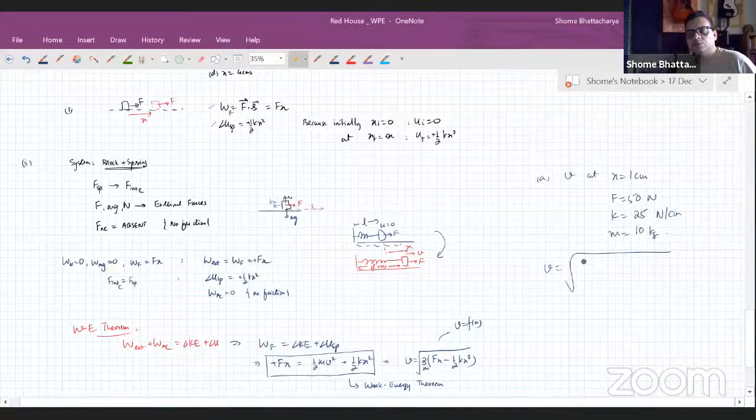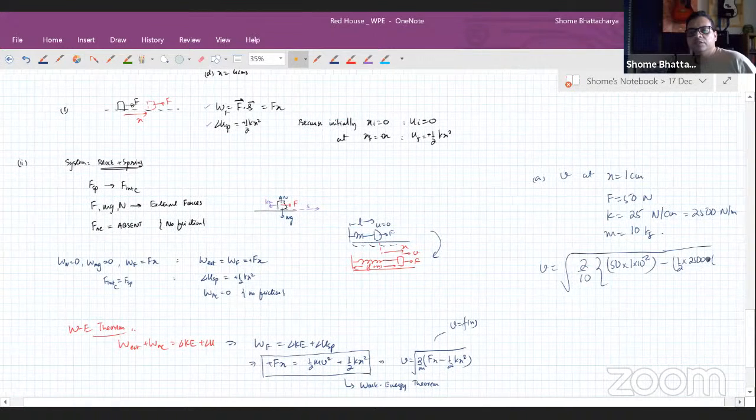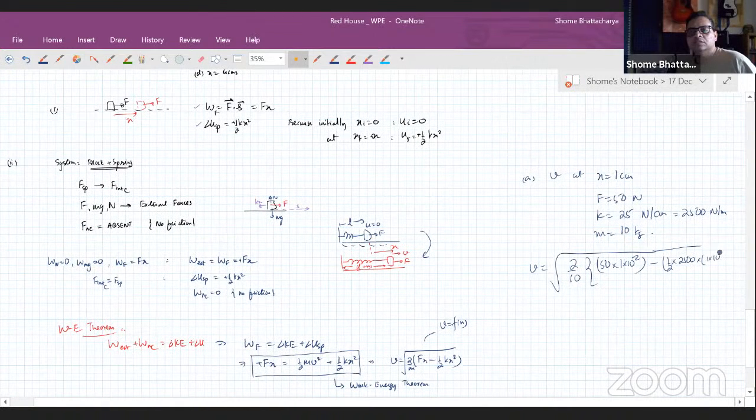So v becomes the square root of 2 by 10 kg into F, which is 50 newtons, into x, which is 1 centimeter, minus half K. Now K will have to be substituted in Newton per meter, so 2500, into x square, which will again have to be substituted in meters.